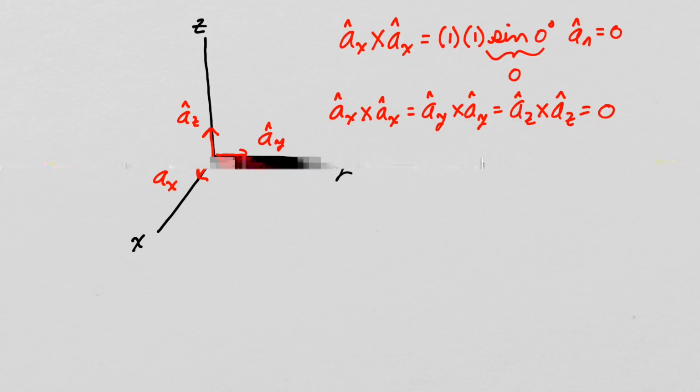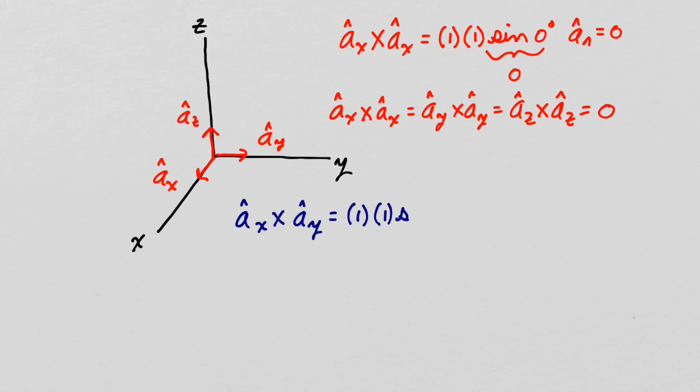Let's look at the cross product between A sub x and A sub y. So the magnitude of A sub x is 1, the magnitude of A sub y is 1, the angle between them, the smallest angle, is 90 degrees, and if you put your right fingers in the direction of x with your palm facing A sub y through the smallest angle, your thumb points in the A sub z direction.